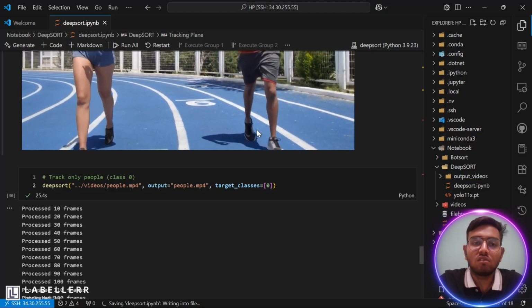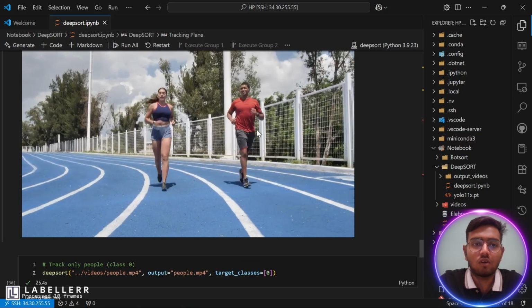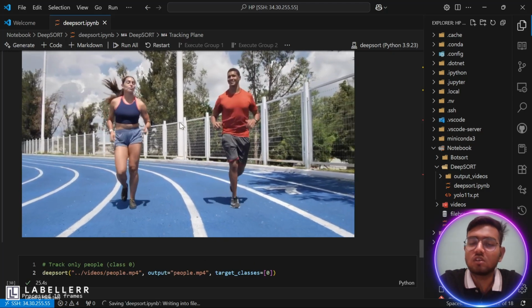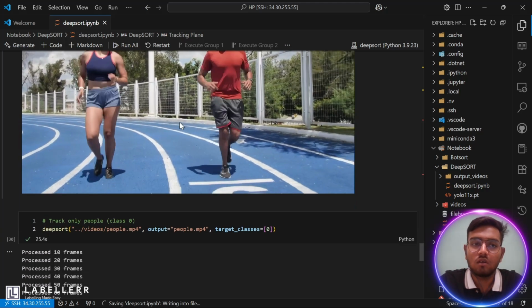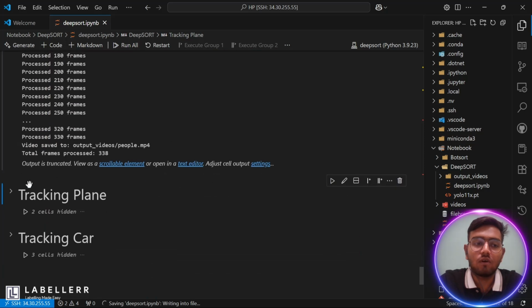You have seen the result of deep sort on this video. As you see, it worked very well on this type of video, where the object is moving in a linear path.